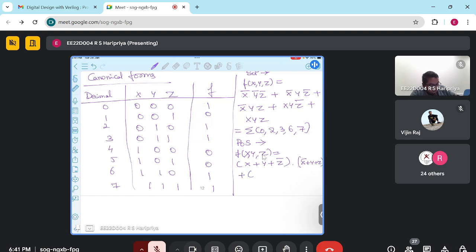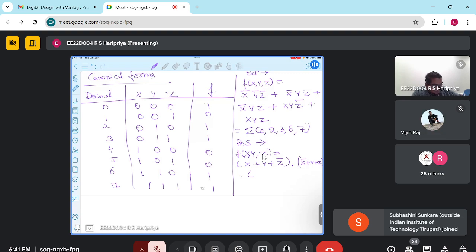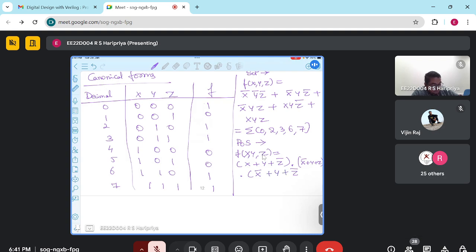Next, not plus, it's a product term. It should be product, and again it is at 5. So x complement plus y plus z complement. If you write it as a product term, we represent it with the symbol pi. It's 1, 4 and 5.